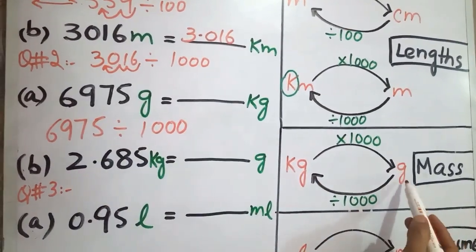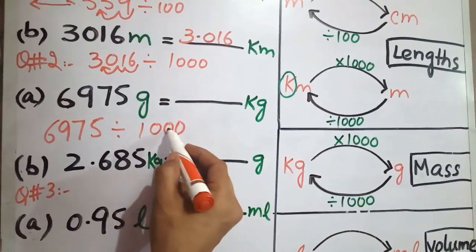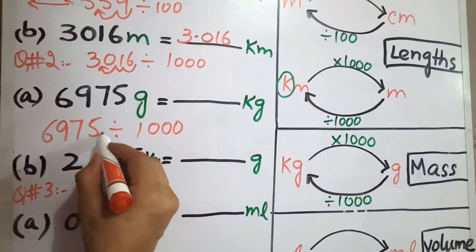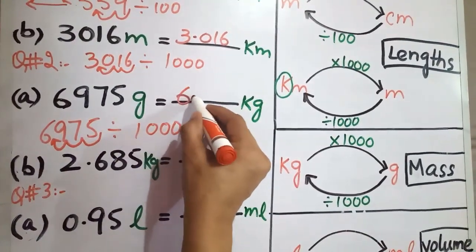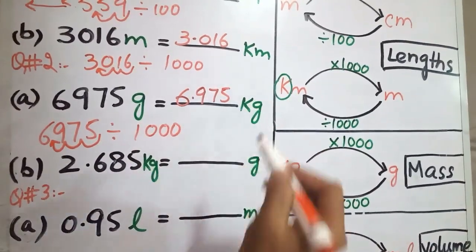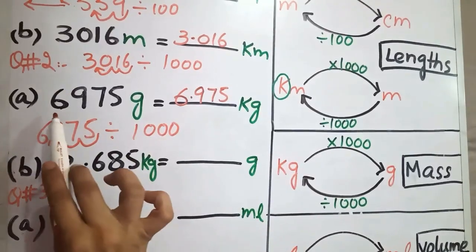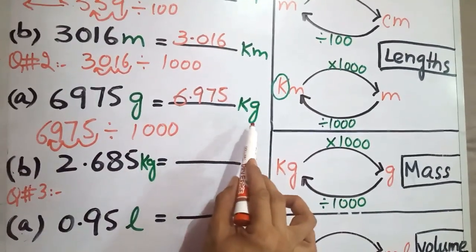We have 3 zeros, so the answer is 6.975 kilograms.